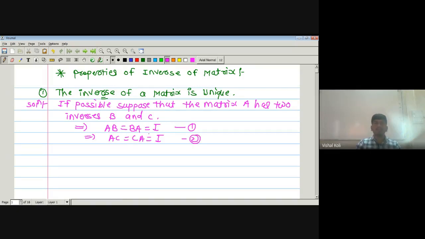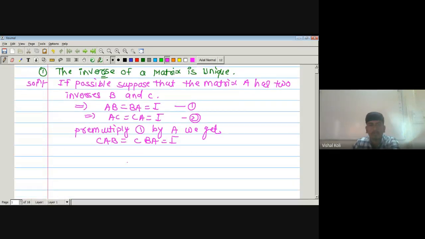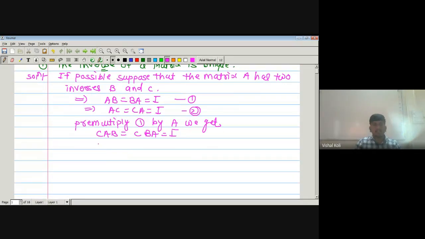Now, pre-multiplying both sides of equation 1 by matrix C, we get C into AB. Now consider this CAB.